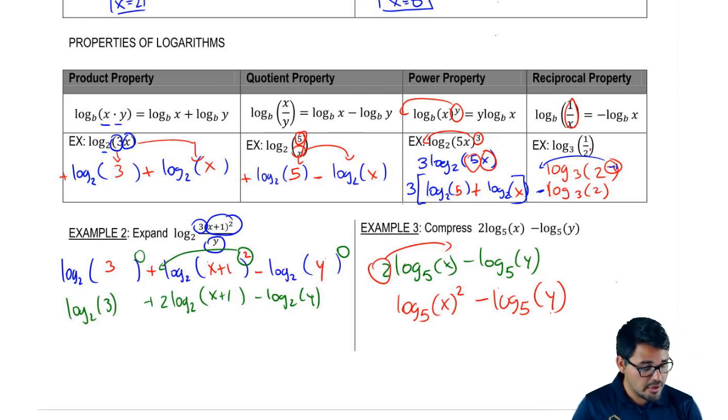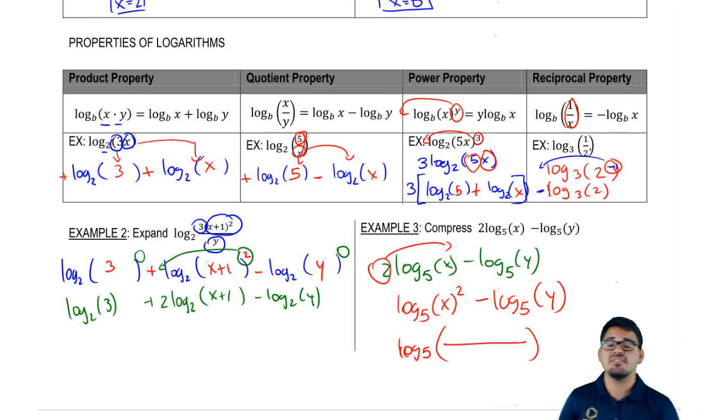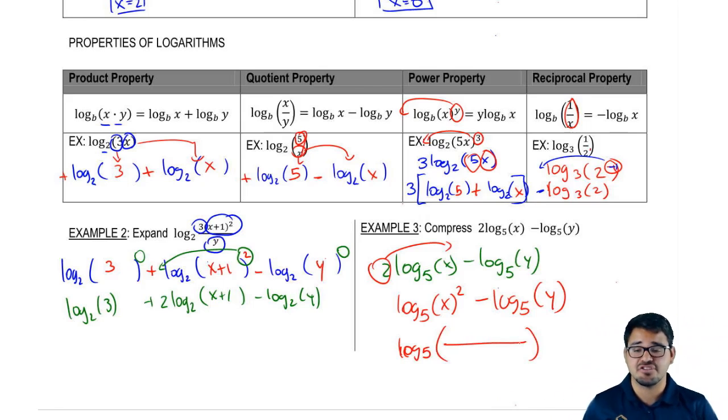Boom. Let's do this. Let's just write one big log 5, and then a fraction line, right? And then we ask ourselves, what is the sign in front of this log 5 x squared? It's a positive because we can't see the negative. So it's going to go on the top. We're going to show that imaginary positive, and it goes on the top. Now this guy has a negative, right?